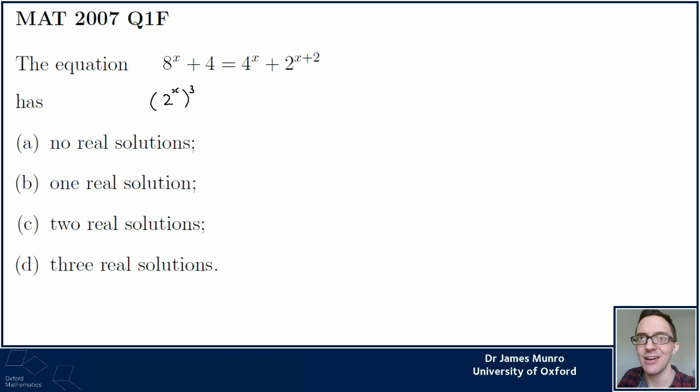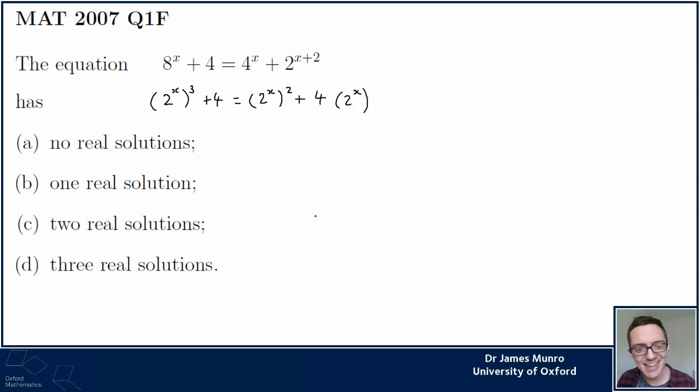This is x lots of 8 multiplied together, and 8 is 2 to the 3, so that's 3x lots of 2 multiplied together. Plus 4 is equal to 2 to the x squared plus, and to really drive home the point, this is 2 to the x times 2 times 2. So this is 4 times 2 to the x.